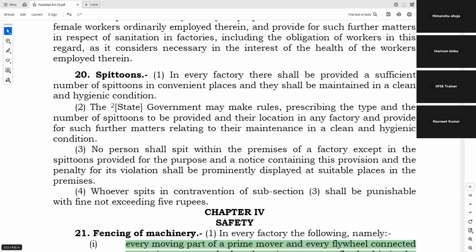Basically, for 100 people there should be 4 latrines, and over and above that, for every increase of 50 members, we have to add one each. Every 50 people, one latrine, or one urinal or latrine.